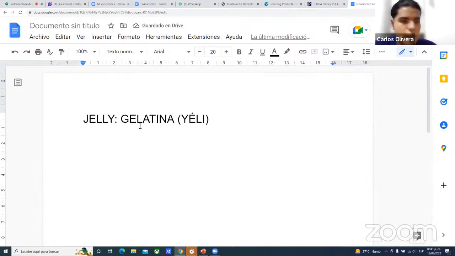It can also be mermelada, by the way. Americans use it indiscriminately, okay? You're gonna find people saying, I want jelly with peanut butter, for example. There is a very famous sandwich in the US called the PB&J, right? Jelly with peanut butter. Have you ever tasted that?